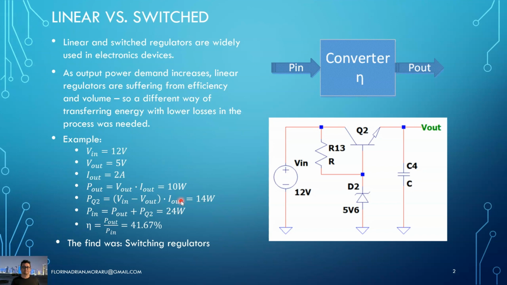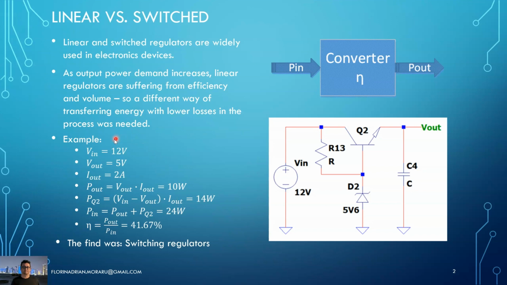Actually, the switched ones were invented to overcome one of the drawbacks often encountered while using linear regulators. And we have here an example that will tell you about what it is.